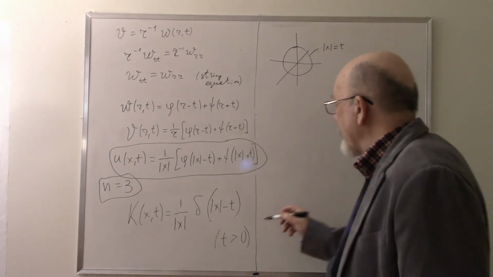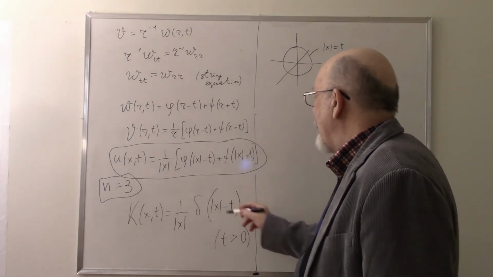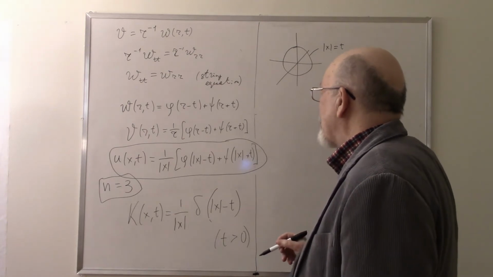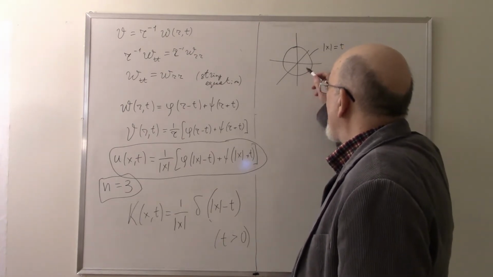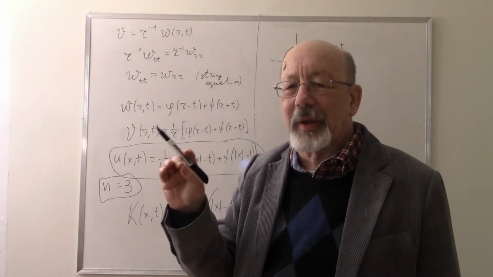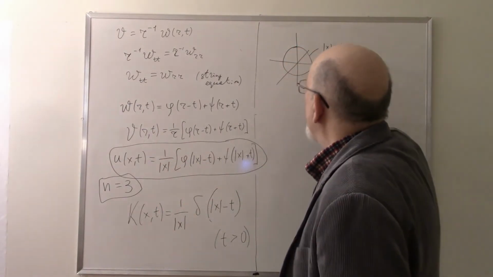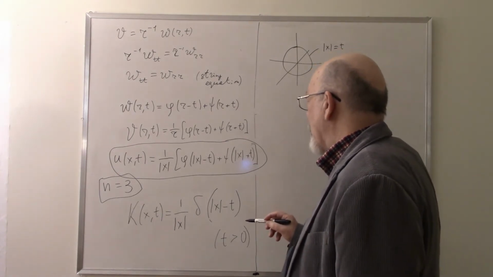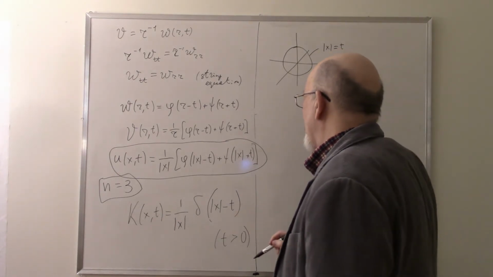The delta function is concentrated on this sphere because the delta function of one variable, delta of x, is concentrated at 0. So it is concentrated at the point where module x equals t.